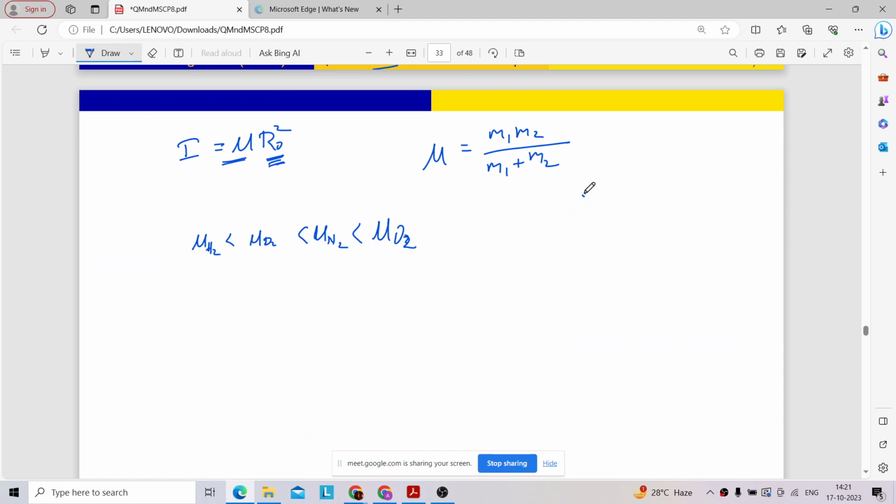So energy is dependent on B, and B we know we can write in terms of moment of inertia as h over 8 pi square I, or this I can write as h over 8 pi square mu r naught square. So we saw B is inversely proportional to mu. So in that case, what will happen?